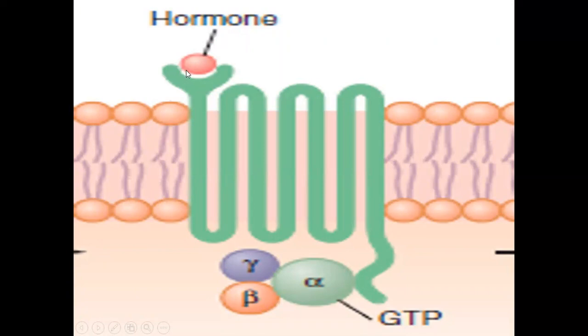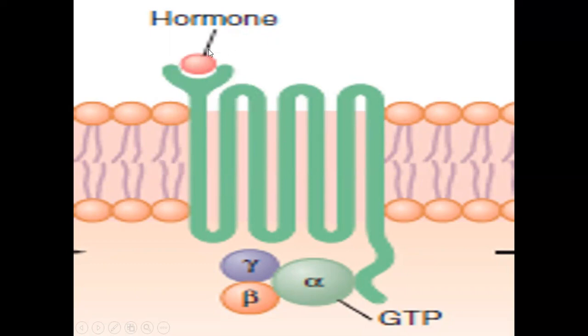And so it generates its effect by binding to another molecule that is embedded on the surface of the cell membrane. And we call this molecule now receptors. Okay?